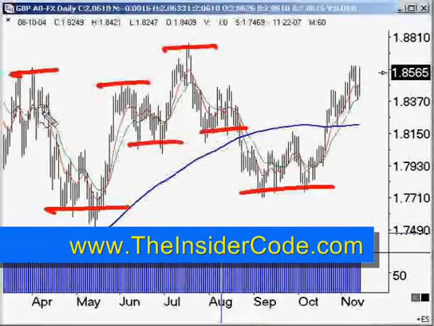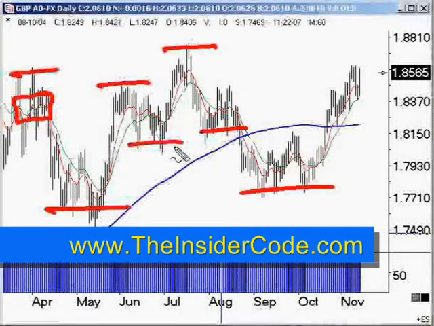What you can notice as well is, except for this first area here, the moving averages never started to weave, or didn't weave all that much, until you get to the area right before the big break.